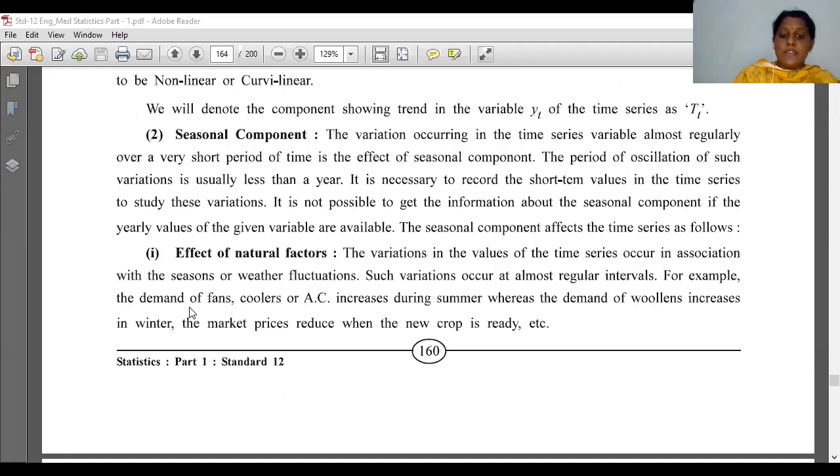The market price reduces when the new crop is ready, etc. When the new crop is ready, it may be in bulk, so the price decreases. And as soon as the stock decreases, the price increases. This is a fluctuation we normally see in production.